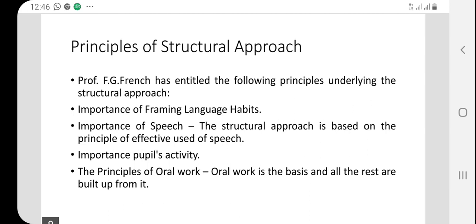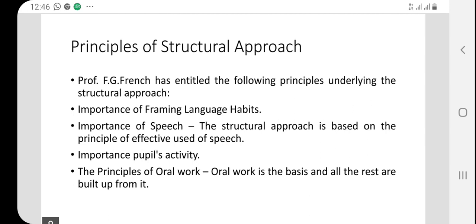Then importance of speech, that is, how effective the use of speech is. While having a conversation or communication with someone, how much your words and sentences matter. So the importance of the language and the importance of sentence structure must be taught to the learners.